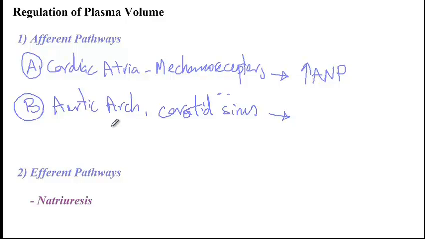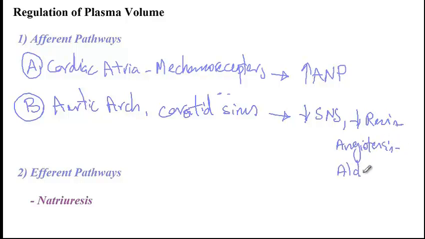So once there is too much pressure inside either the aortic arch or the carotid sinus, there would be decreased activation of the sympathetic nervous system as well as decreased activation of the renin-angiotensin aldosterone system.